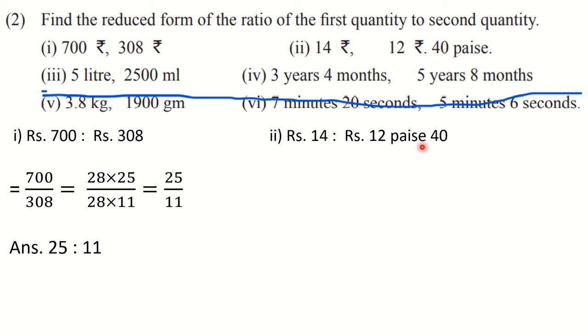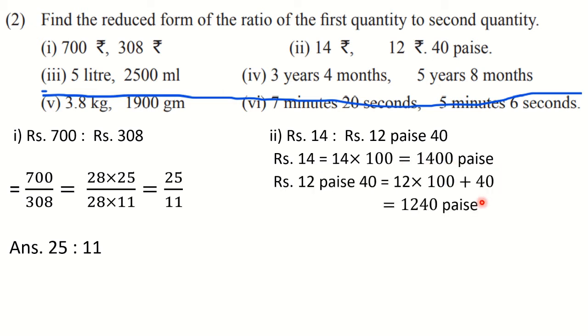So directly we cannot write down 14 upon 12.4, since the point is not there, so you cannot think of that. So here you have to convert. You know that 100 paise is equal to 1 rupee. That is why you will convert this 14 rupees by multiplying it by 100. So rupees 14 will be 14 into 100, that is 1400 paise.